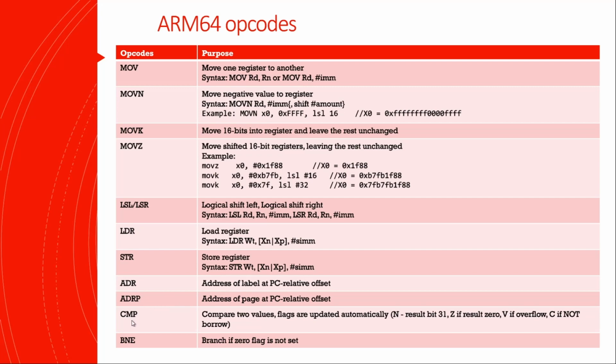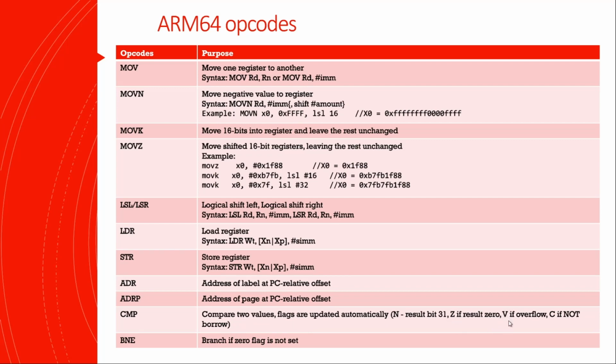Now let's focus on the remaining two instructions, which is CMP compare. This instruction will compare two values, and as per the result the flags are updated automatically. So the Z flag will be set if the result of the compare is 0.